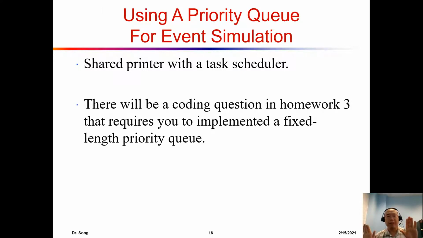Or while the printer is printing the student's one, two more students send in tasks. Remember, the students have the higher priority. So this priority queue will guarantee that the printer always prints the student documents first before the professor's.